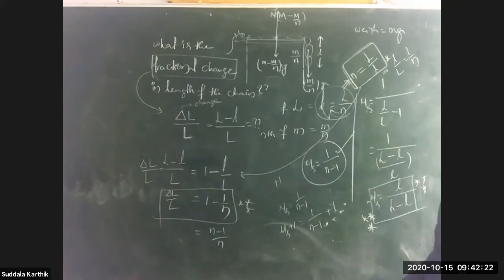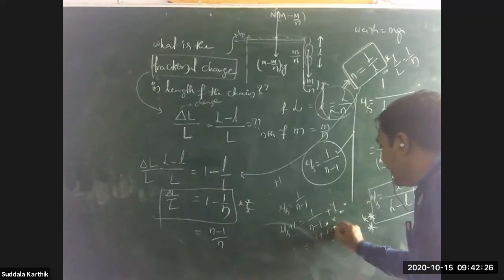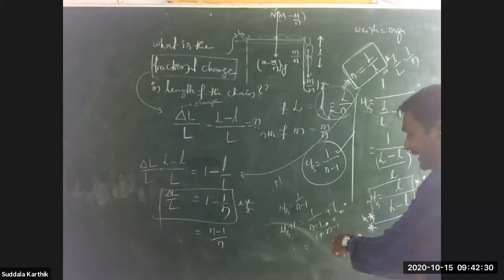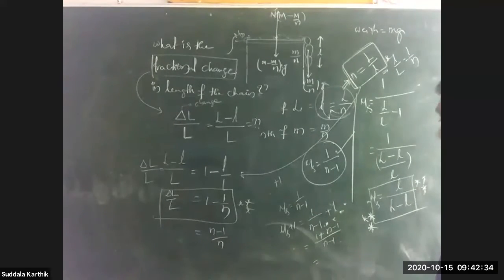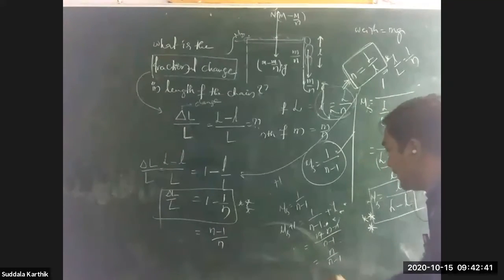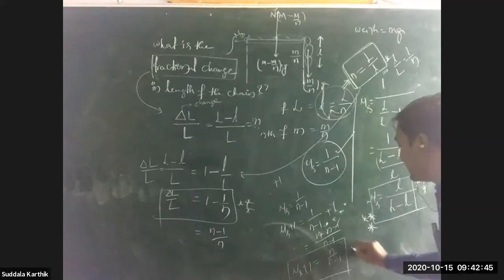Taking LCM on the RHS, the 1 cancels, and the remaining is N by N minus 1. So mu s plus 1 is equal to N by N minus 1.